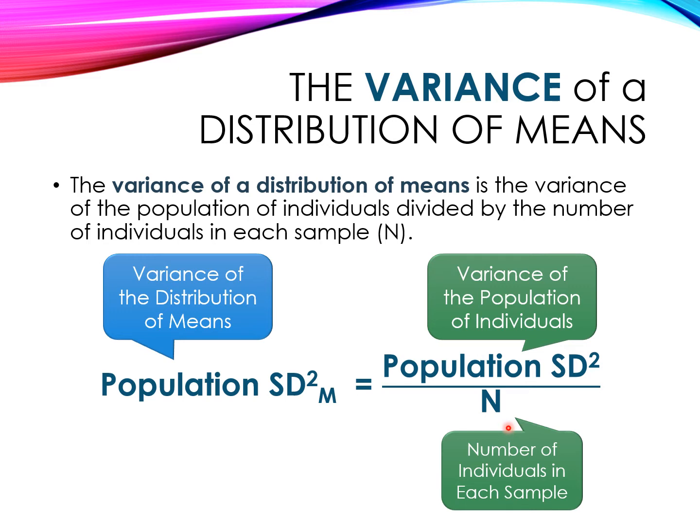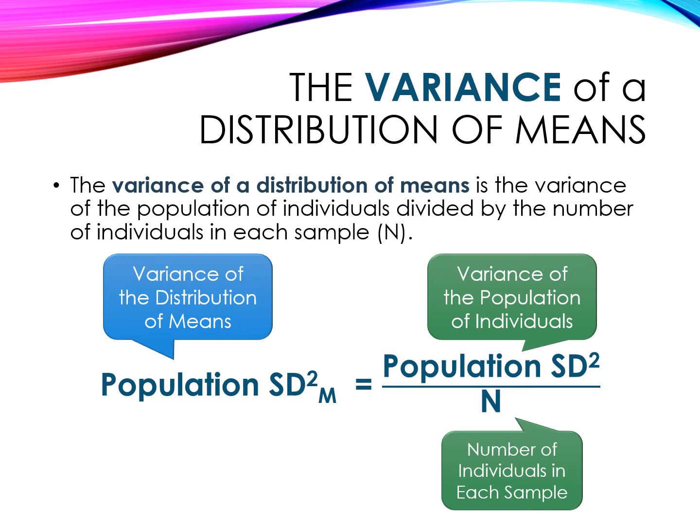That's part of the point, okay, is that we're keeping the number of individuals in each sample the same, okay? So this is a formula for finding out what our variance is for our distribution of means if we know the variance of our population of individuals and we know the number of individuals in each sample, we can find our variance for our distribution of means.